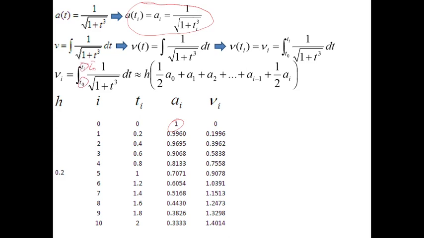From t sub 0 to t sub 0, that is 0, because there is no velocity yet, no? So that is 0.